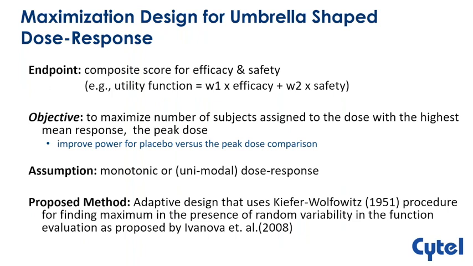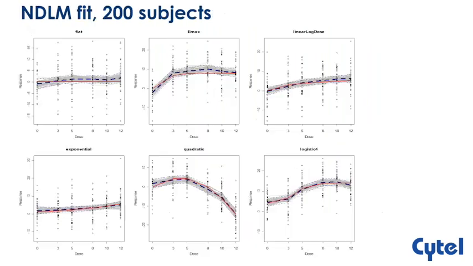The last or second to last type of design I'll talk about is the maximizing design. And this design is for an umbrella-shaped dose response curve or a unimodal dose response curve. Note that the NDLM design could be used in this circumstance as well, because for that quadratic design, it can model a unimodal dose response.